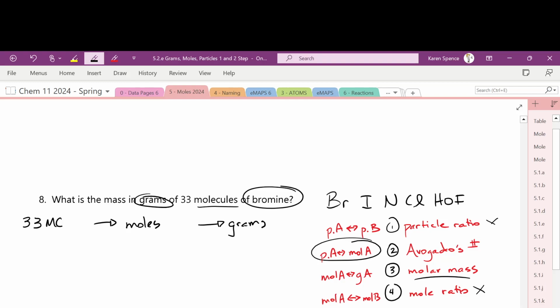That would be your molar mass, which converts between moles and mass in grams. What is the formula for bromine? Br2. So what is the molar mass of Br2? Bromine itself, I think it's 79.9. Let's see if I'm right. 79.9. Okay.